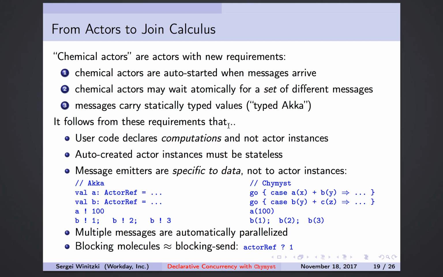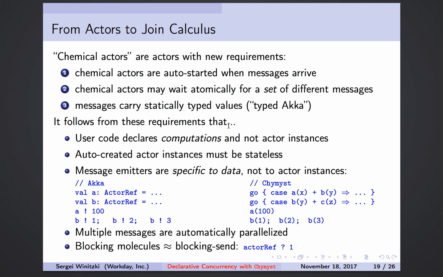The second requirement is that the chemical actors should be able to wait for a set of different messages, consuming them atomically. The third requirement is that messages should carry statically typed values.